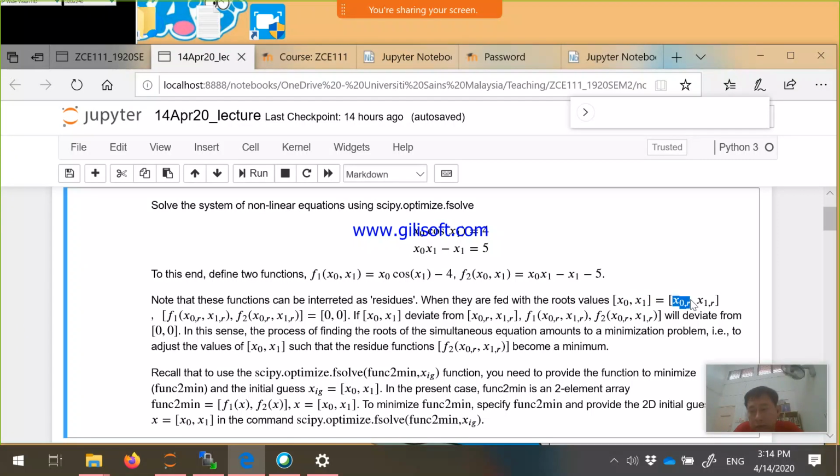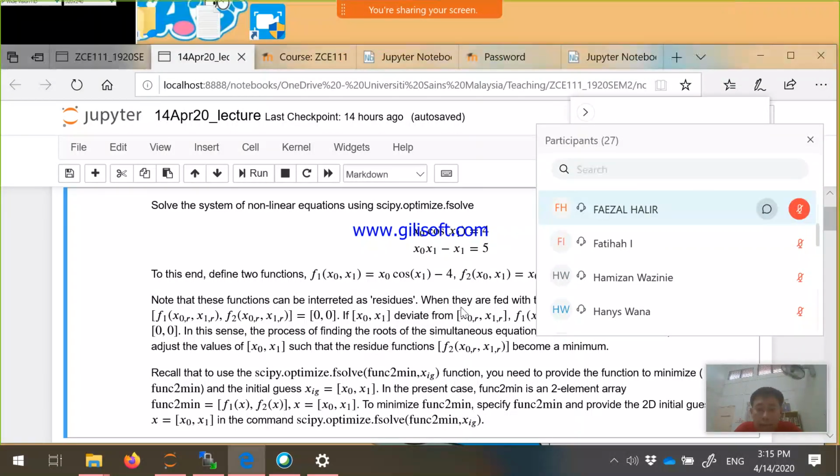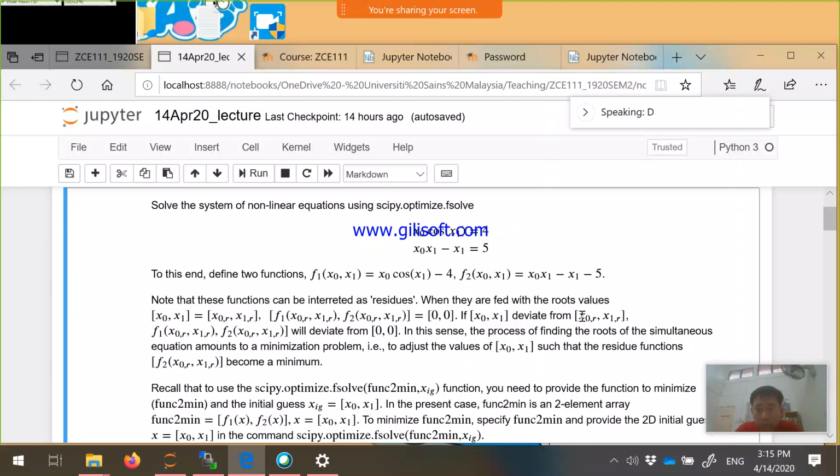Now, if the solution is found, what happens is that if you have found the right values of x0 and x1, then when you put the values of x0r and x1r into the functions f1 and f2, f1 will become 0, and f2 will also become 0.